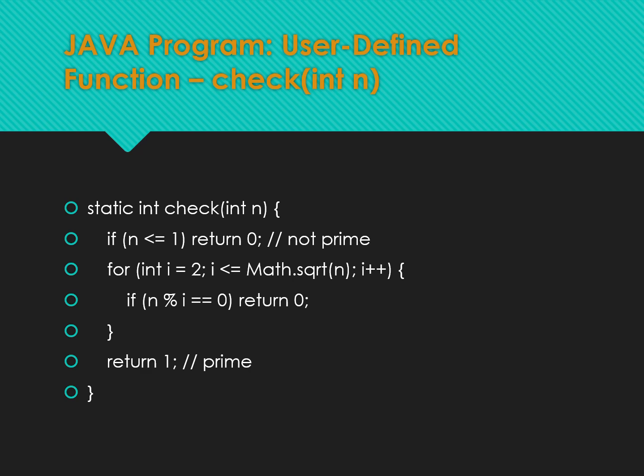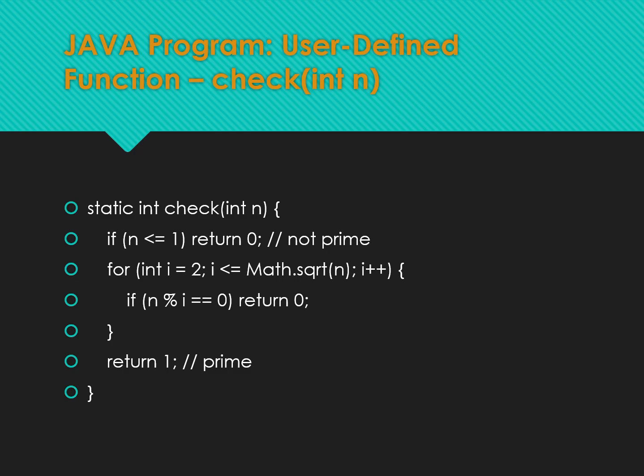Inside the function, the first condition checks if n is less than or equal to 1. Since 0, 1, and negative numbers are not prime, we return 0 right away. Then we use a loop that starts from 2 and goes up to the square root of n. We use Math.sqrt(n) to reduce the number of checks, improving efficiency, because if a number has a factor larger than its square root, it must also have a smaller factor.